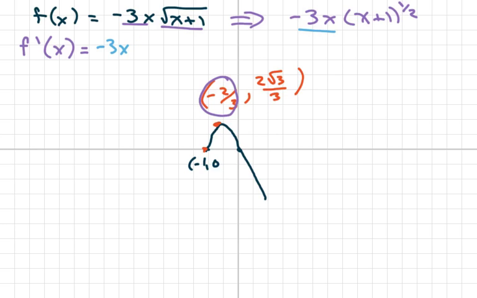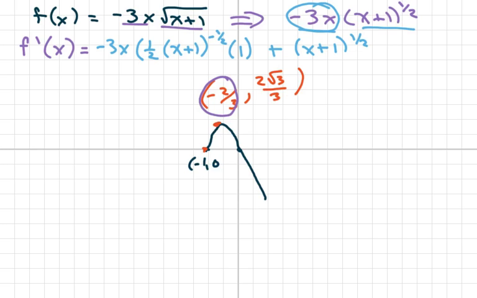which is going to be 1/2 times x plus 1 to the negative 1/2 times the derivative of your inner function. And then we're going to write down the second function times the derivative of your first function.